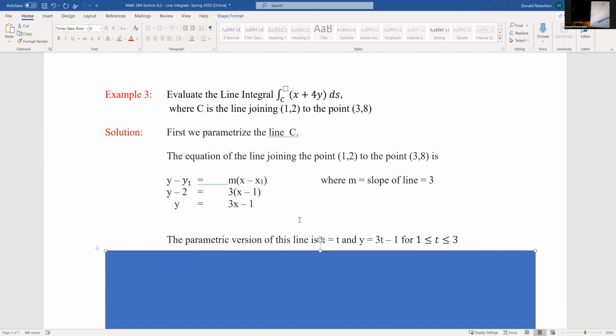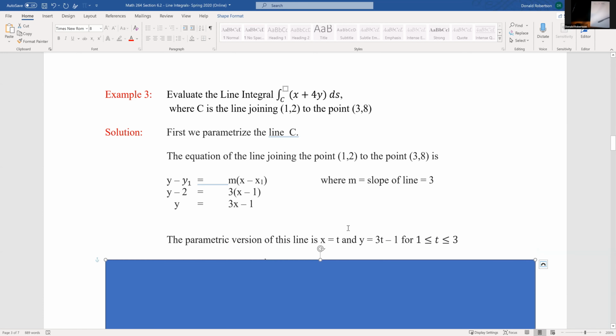Here it comes. To turn any equation, including a straight line of the form y equals, into parametric, just make x equals t, and then y just becomes 3t take away 1. So straight lines are easy, aren't they? If y was 5x plus 1, x would be t, and y would be 5t plus 1.